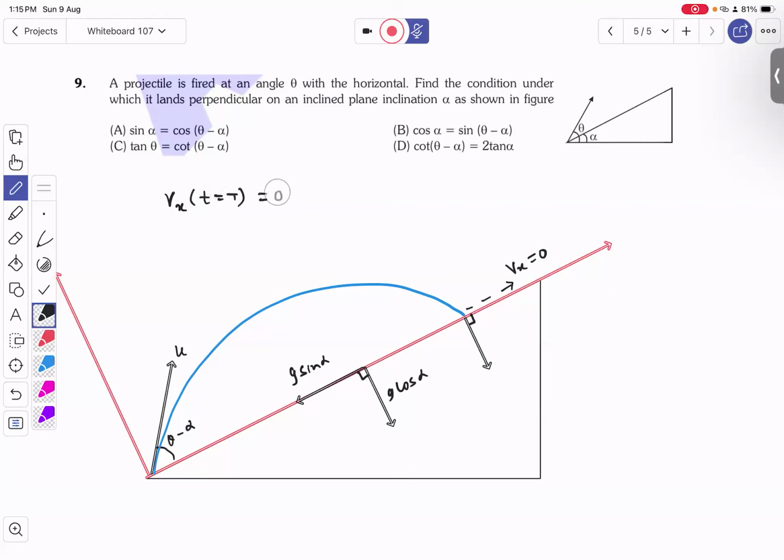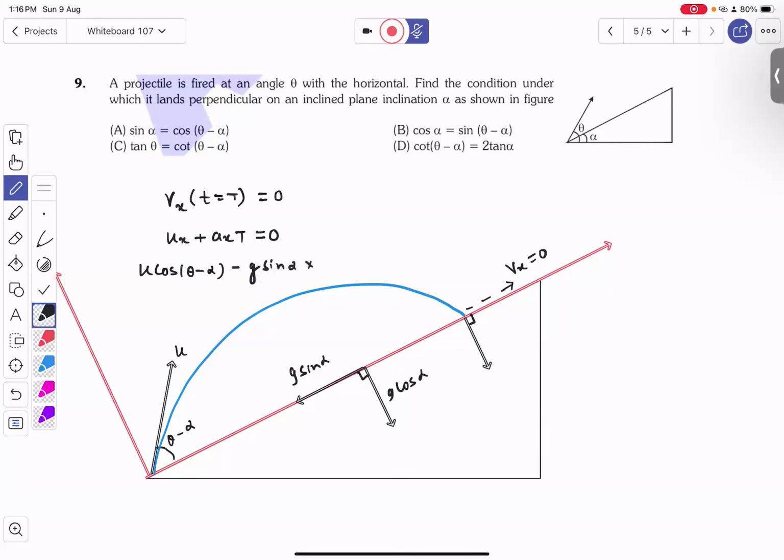And what kind of motion is it having along x? Constant acceleration. So what will I use? ux plus ax into t must be equal to 0. And what is our ux? u cos theta minus alpha. In this case, ax will be minus g sine alpha.